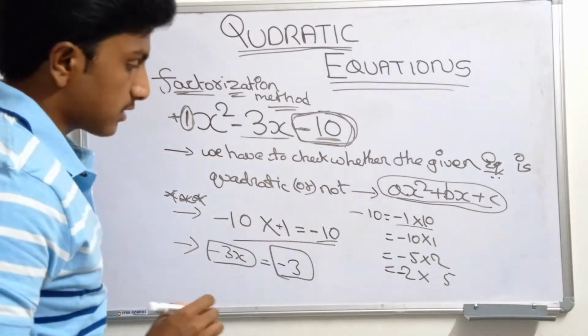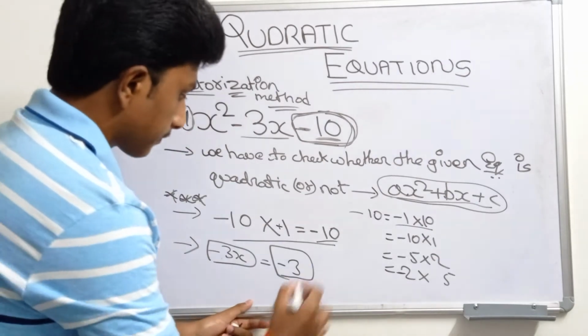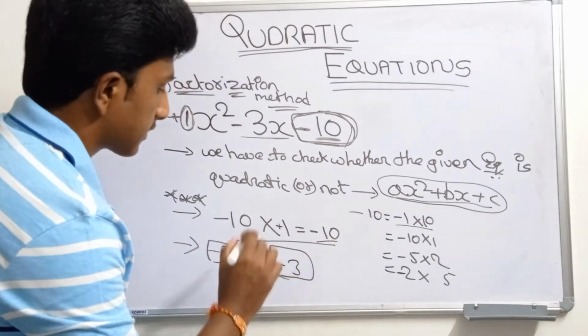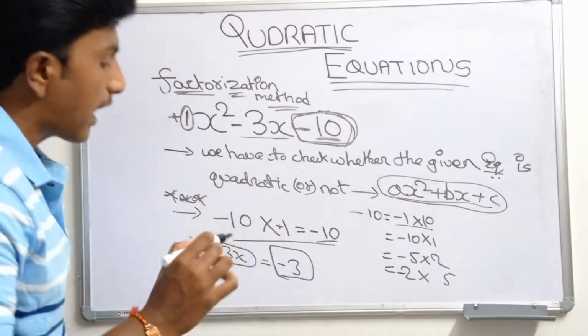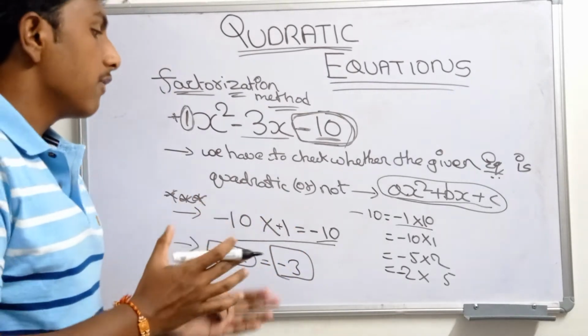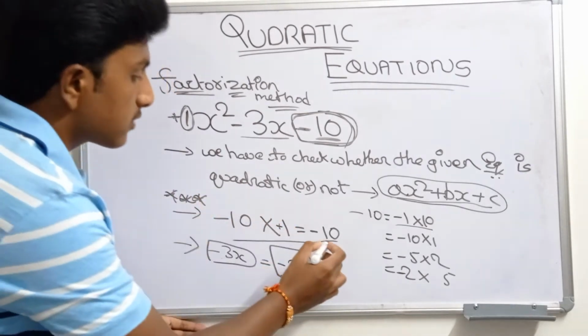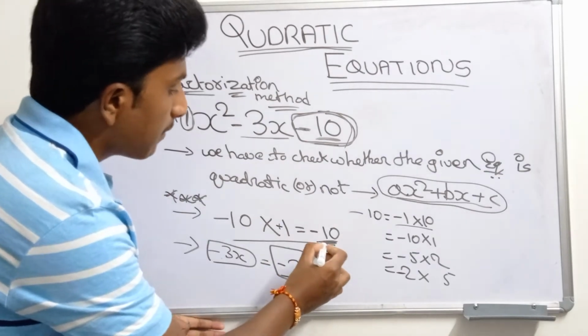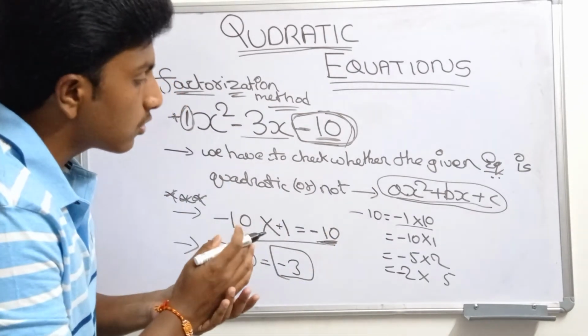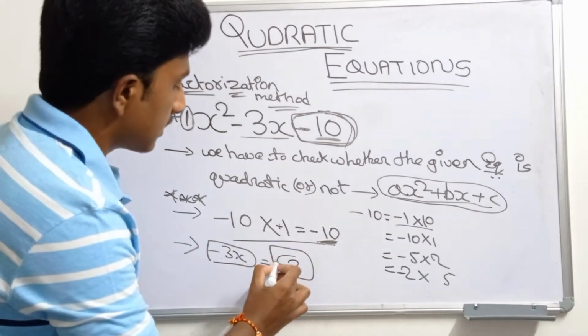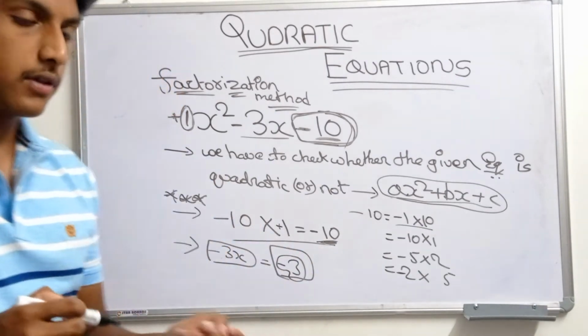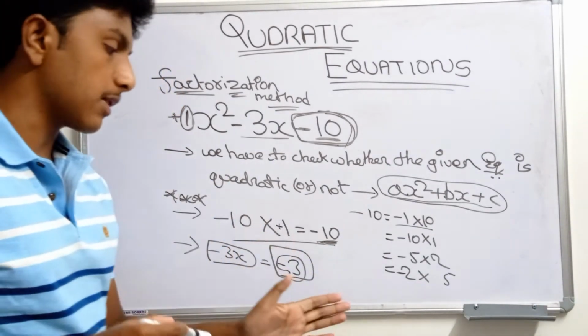So now you have to select the factors in such a way that when you add those factors, you should get this number. Sorry for the mistake, guys. It is not subtract, only add.